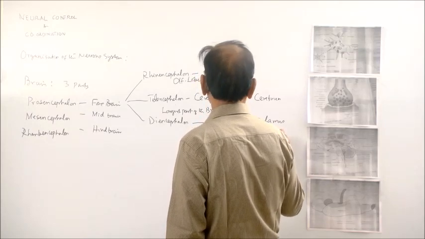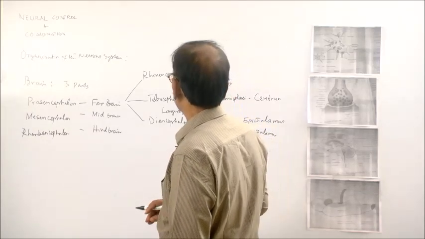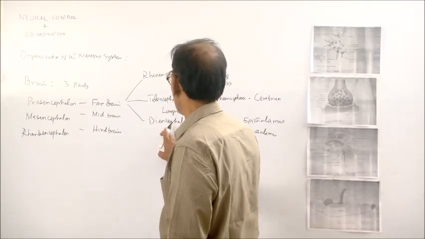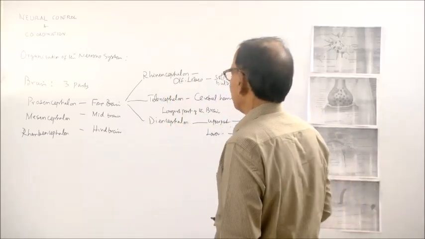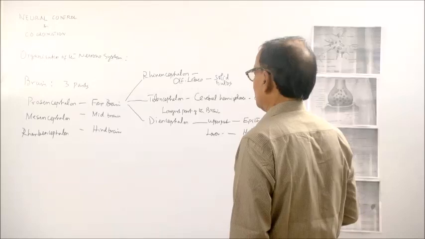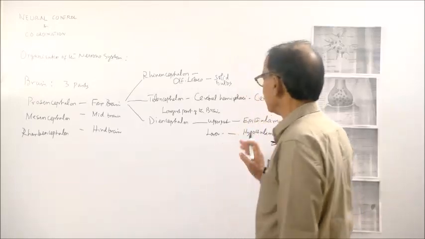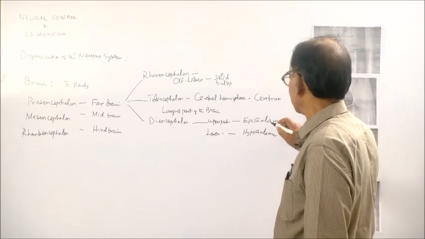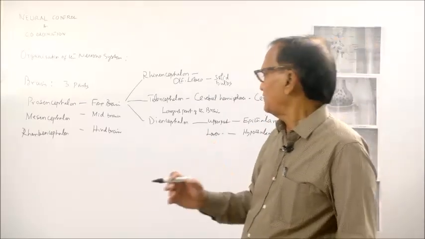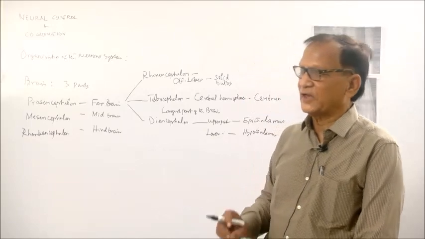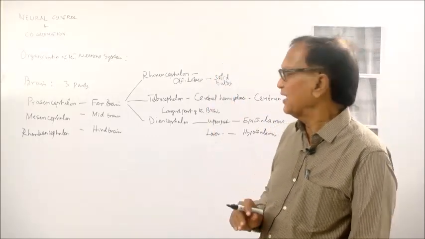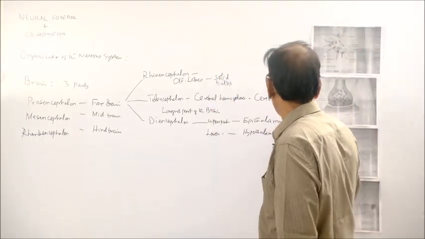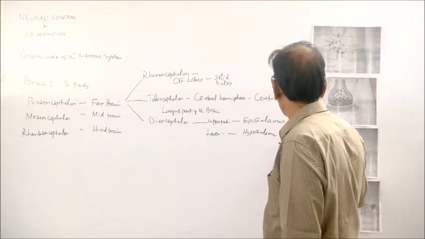So the epithalamus and hypothalamus together constitute the diencephalon. An interesting feature of this epithalamus, the upper part of the diencephalon, is that it is connected to a pineal body.